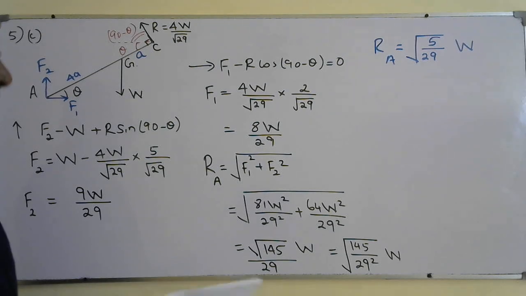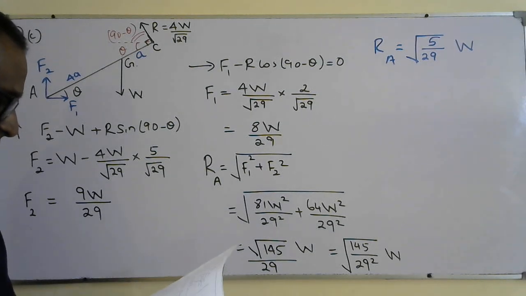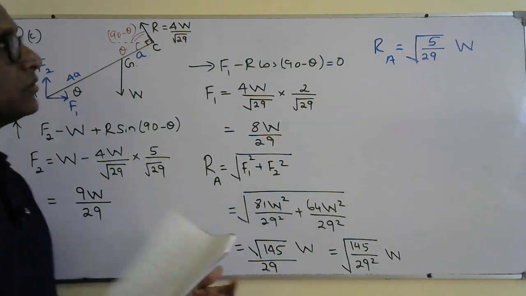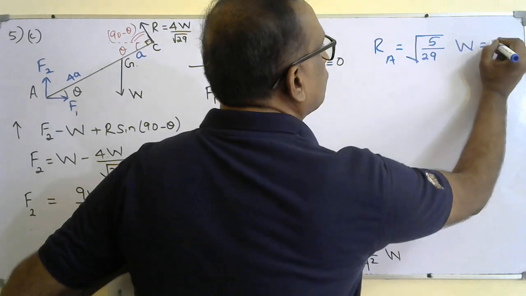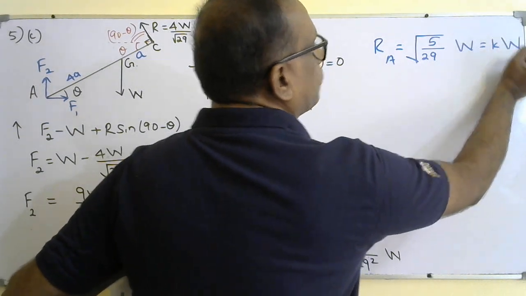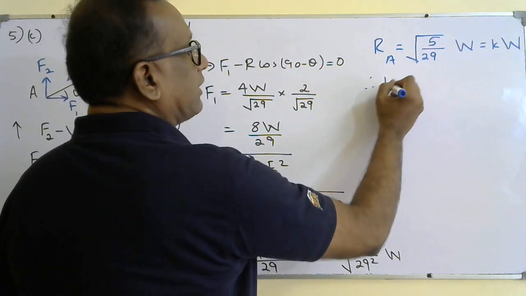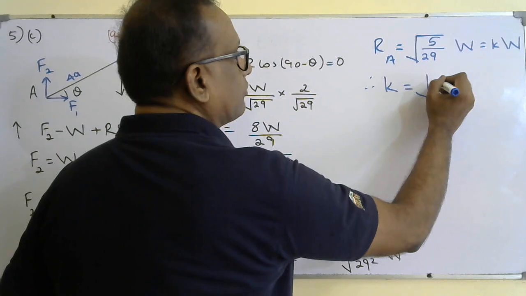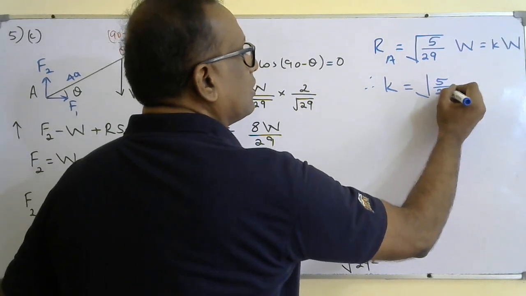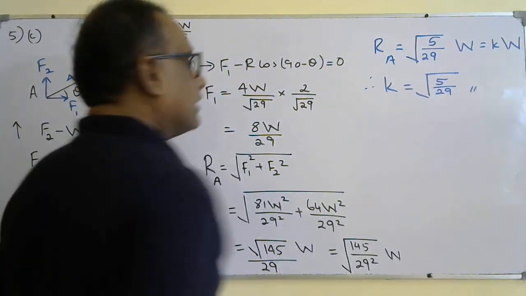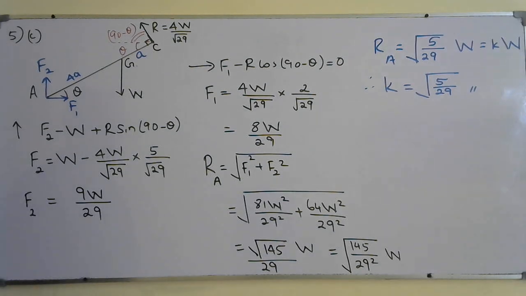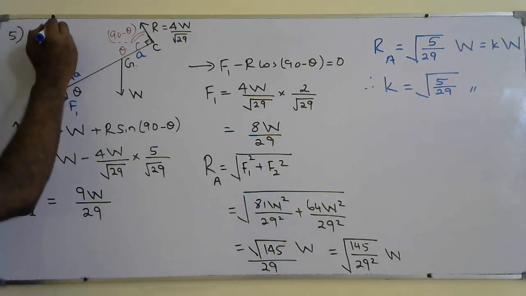The question paper says the resultant at A is K times W, so this is equal to K times W. Therefore K equals square root of 5 over 29. That's the final answer for the C part, first part.